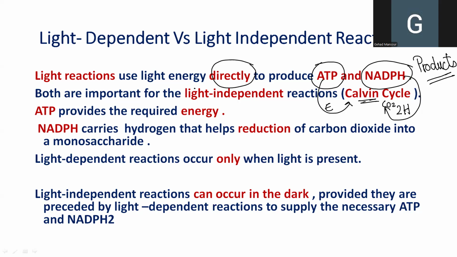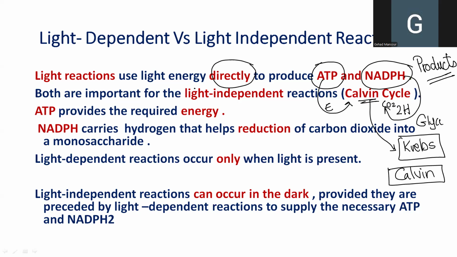Calvin cycle is another name for the biochemical pathways that occur in the light-independent reactions. So don't forget that just like Krebs cycle in cellular respiration is a biochemical pathway, Calvin cycle in dark reactions or light-independent reactions of photosynthesis is a biochemical pathway. And we have also seen that glycolysis is a biochemical pathway.